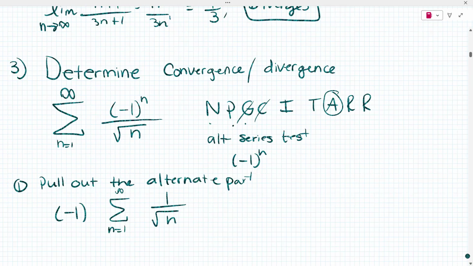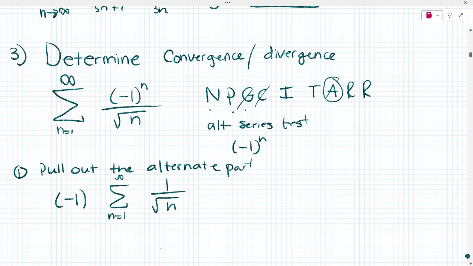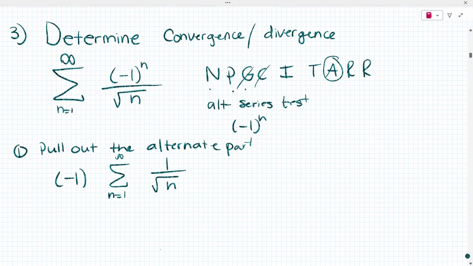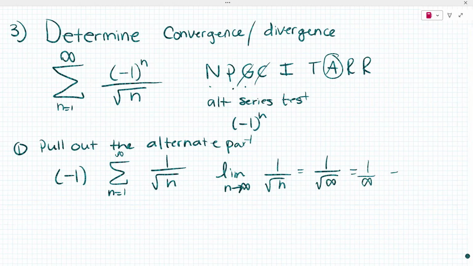And then we can write it as the limit as n goes to infinity of 1 over square root of n. Then you just replace your n with infinity. So what's 1 over square root of infinity, which is technically 1 over infinity, which is 0.